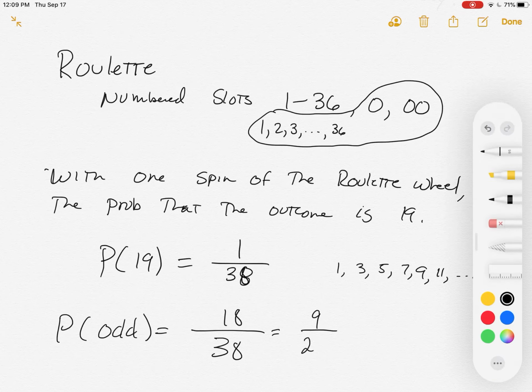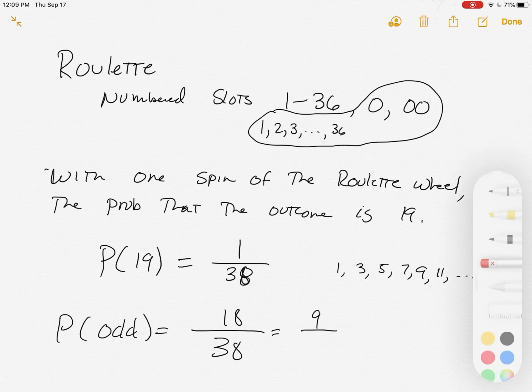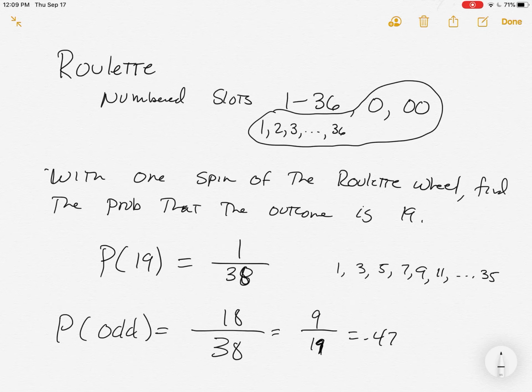Sorry, I don't know why I was thinking wrong. 9 over 19 would be the reduced answer to put in there if they ask for the reduced fraction. If you want to look at it as a decimal, it's 0.474.